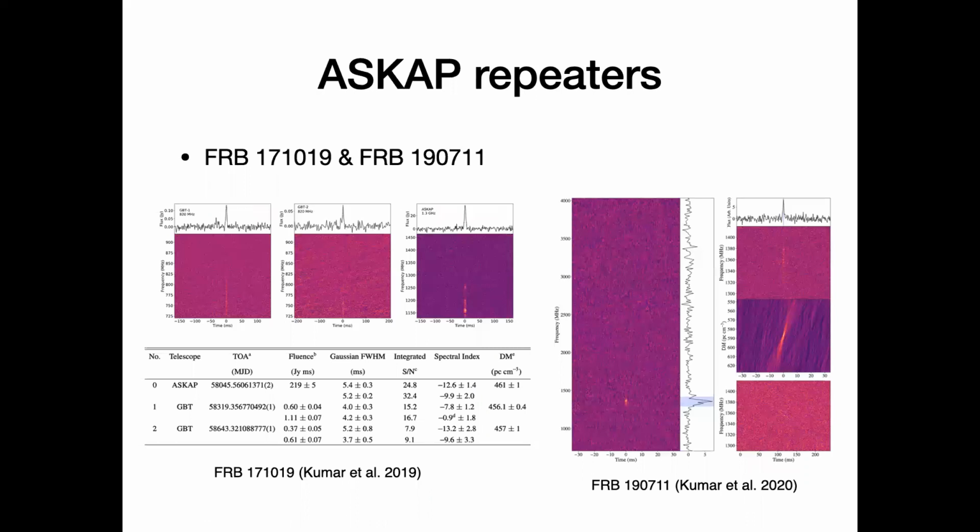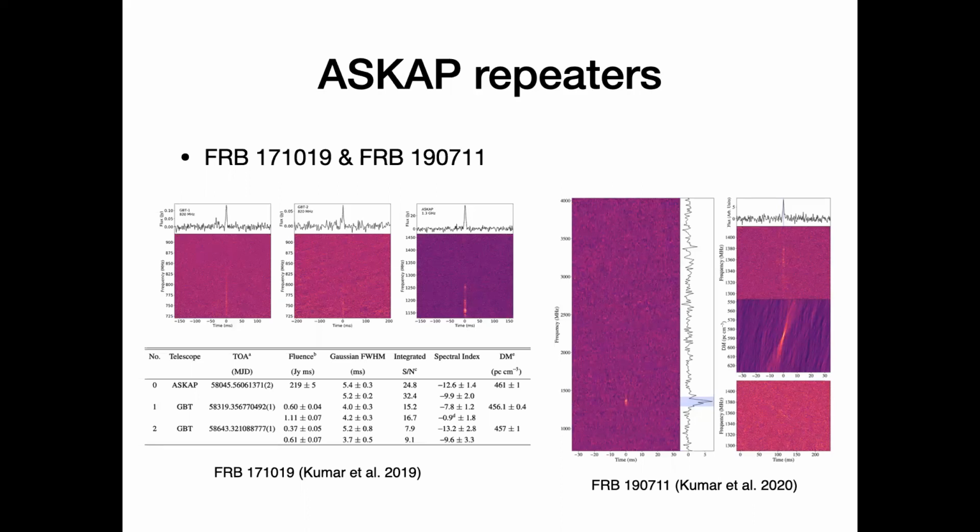In addition, we have repeaters from other telescopes. ASKAP detected two repeater sources, and the repeaters show very different features. The first event is extremely bright; however, the remaining events of this repeater are not so bright.